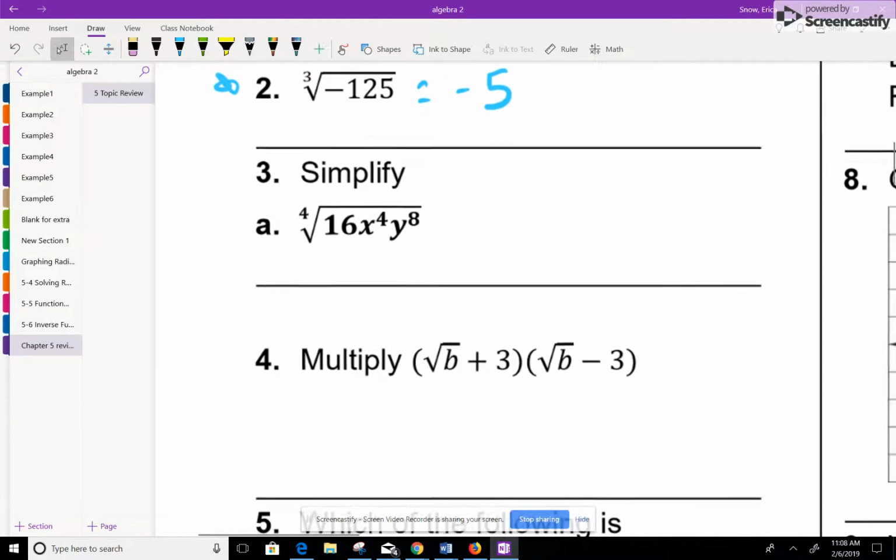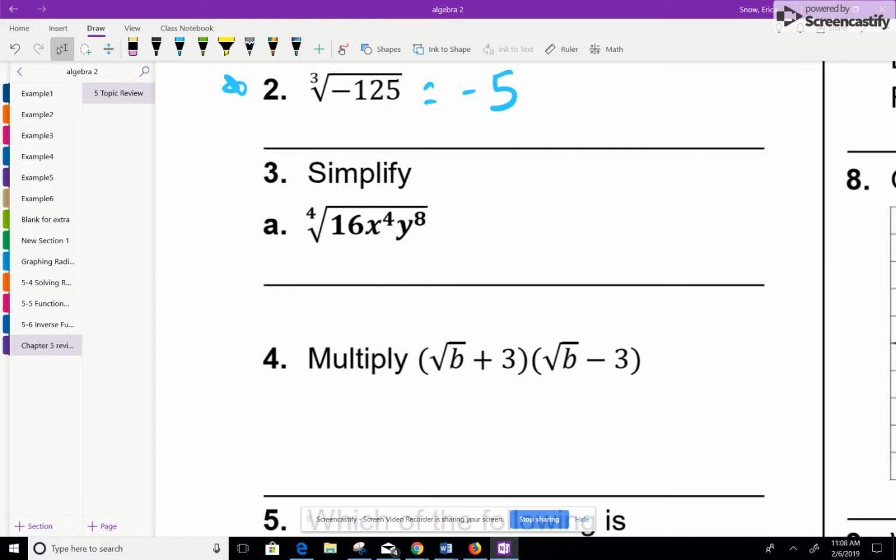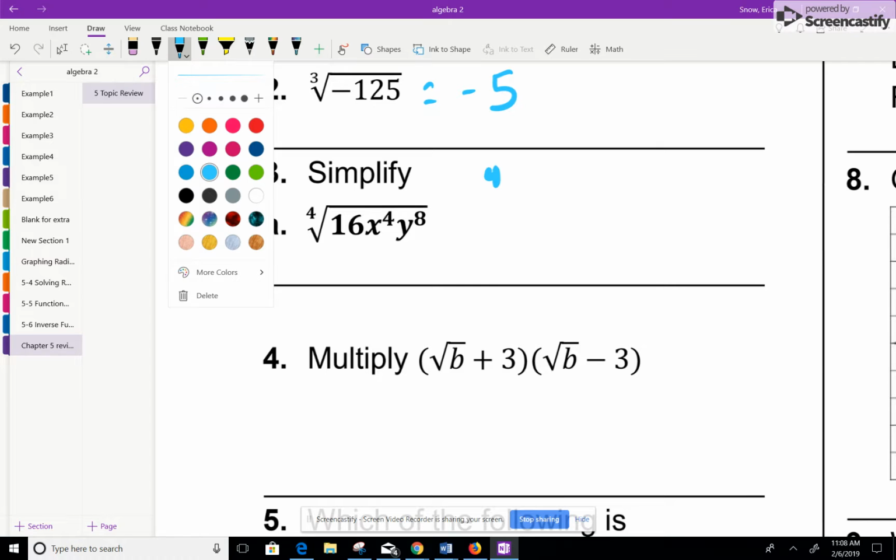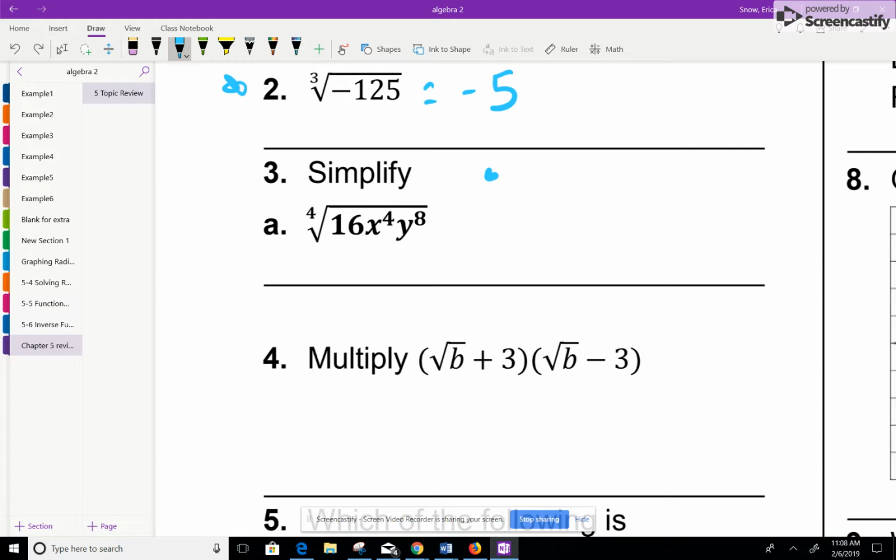Question number 3 is a simplification question. The first thing we're going to do is write the 4th root of 16, the 4th root of x to the 4th, and the 4th root of y to the 8th. Separate them all out.